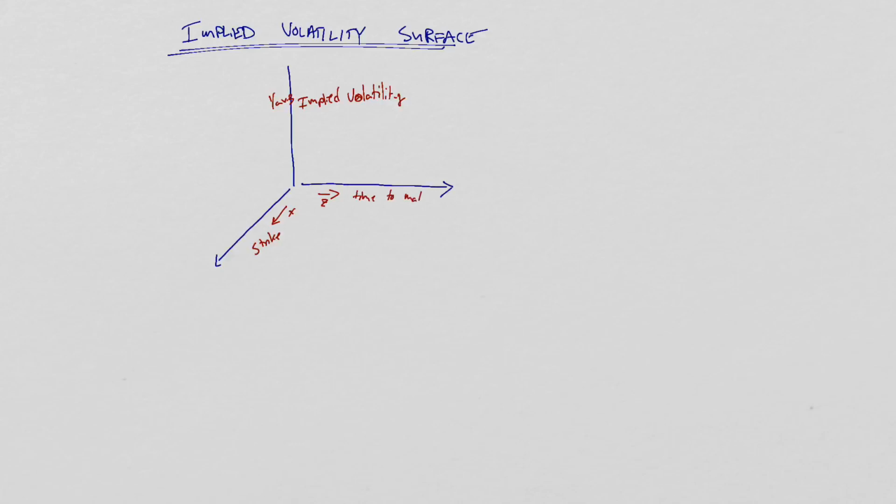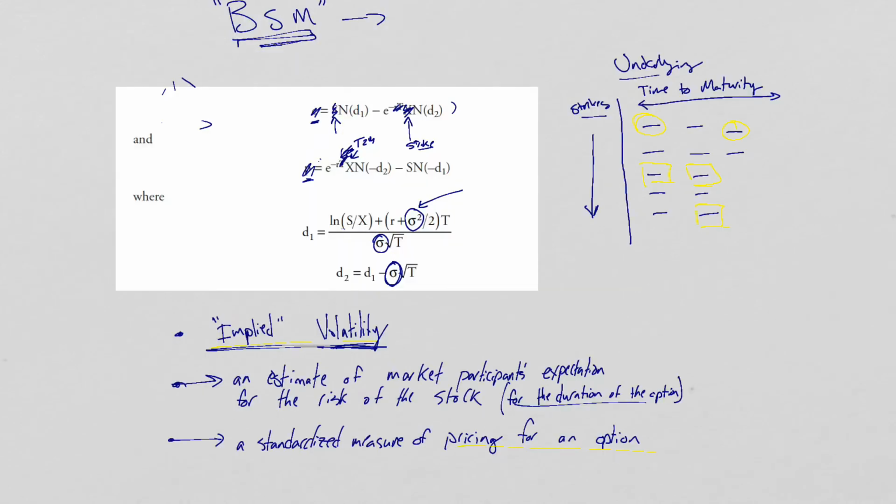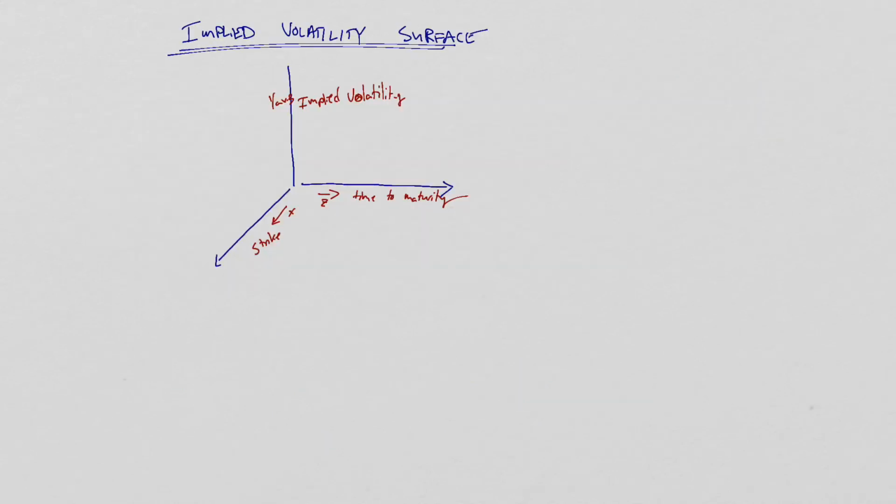So it's a way to visualize all the different options on a single underlying across a range of strikes and time to maturity. It's a way to visualize the implied volatility across all of these different selections.